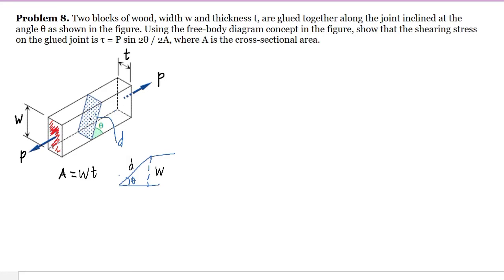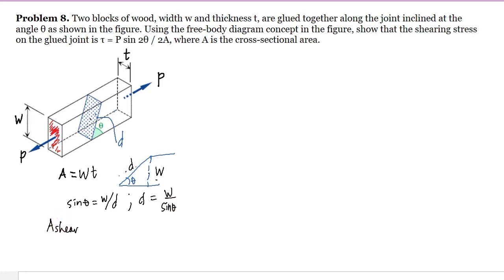Now, if we're going to compute for the relationship between the W and the diagonal, we could say that since W is the opposite and the diagonal is the hypotenuse, sine of theta is equal to opposite W over the hypotenuse, which is the diagonal. Now, diagonal is just equal to W over sine of theta.